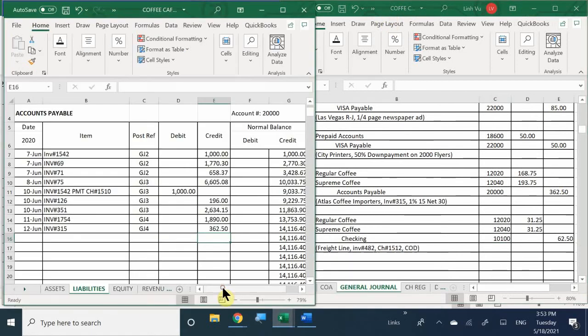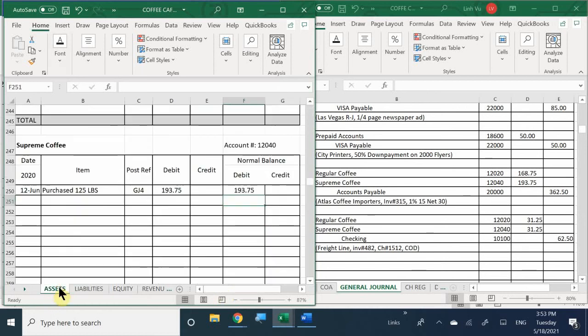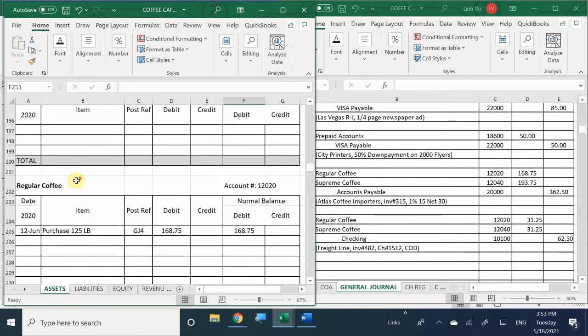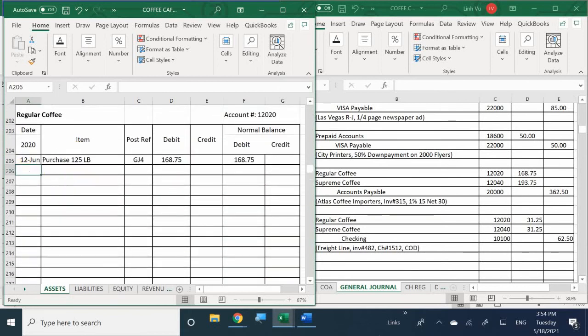Okay. So here's my general ledger. So again, I'm going to go into my coffee accounts. All right. So here, that's exactly where I left off. So in this case, what I'm going to do is enter in the value here and make sure I indicate that this was freight cost.